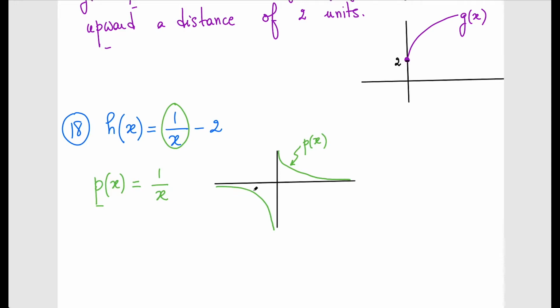It has two asymptotes, one vertical and one horizontal. Let's color them in pink for vertical. That's the vertical asymptote. And let's color the other one in red, which is the x-axis. That's the horizontal asymptote, correct? So that line is y equals 0, and the vertical asymptote is x equals 0.